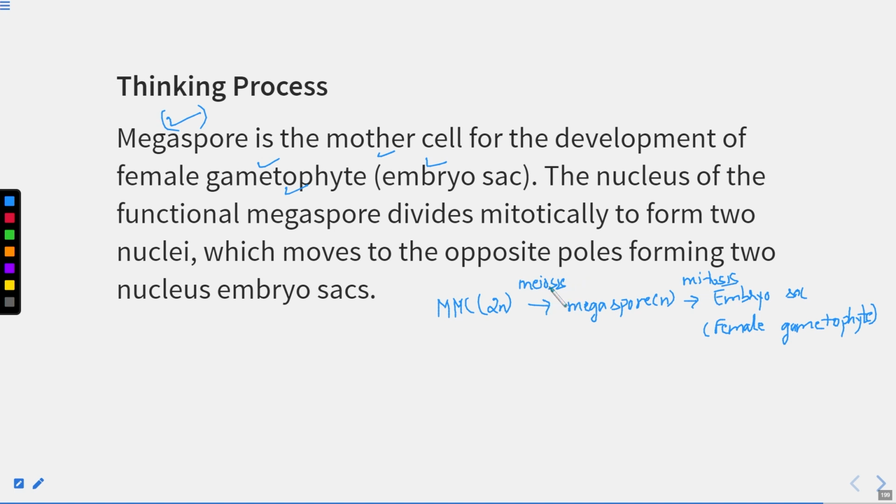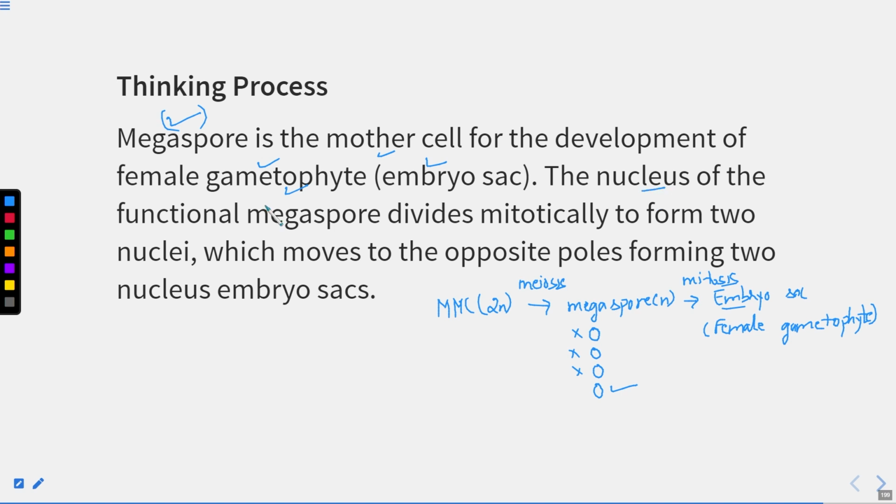All right. So initially 4 megaspores are formed. Suppose you can write 1, 2, 3 and 4 megaspores are formed. Out of these 3 degenerate, and 1 megaspore divides by mitosis and gives rise to the embryo sac.